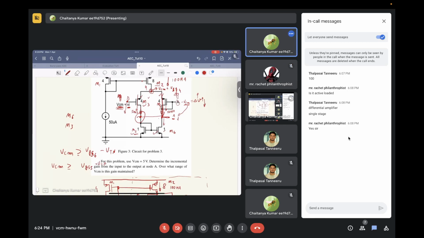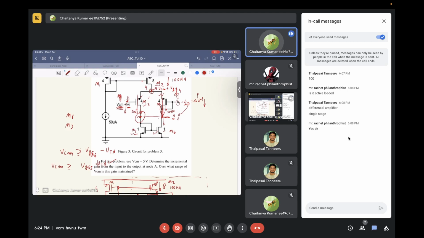Okay, you understand this? Yes, sir. So which is the larger quantity? The below one, VGS5 plus modulus of VTP, is the larger quantity. VTP is actually a negative quantity, but here we take the modulus of VTP.